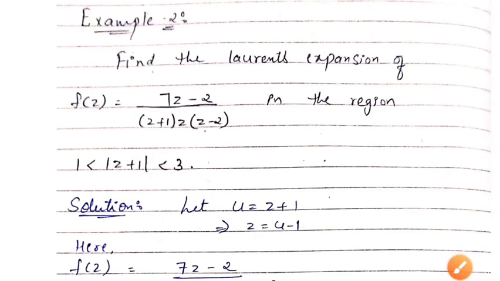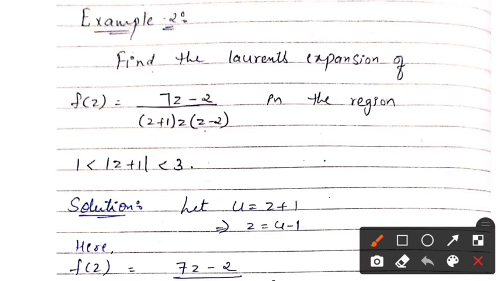Now let us move towards the next type of example. It is a bit different from the previous one, but the basic concept is the same. Now find the Laurent expansion of f of z equal to 7z minus 2 upon z plus 1 into z into z minus 2 in the region 1 less than mod z plus 1 less than 3.